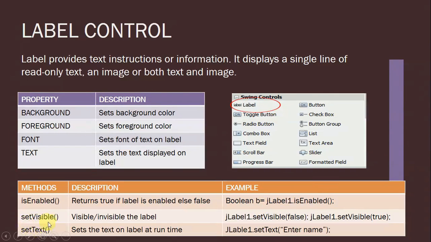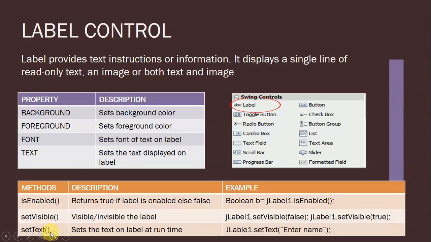The next is setVisible. It is used to make the label visible or invisible. The example of it is jLabel1.setVisible(false). This command will make the label invisible, and jLabel1.setVisible(true) will make the label visible.